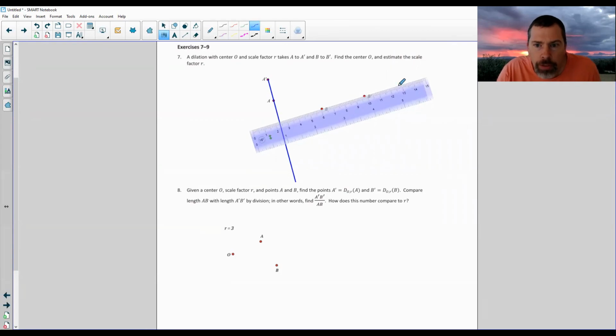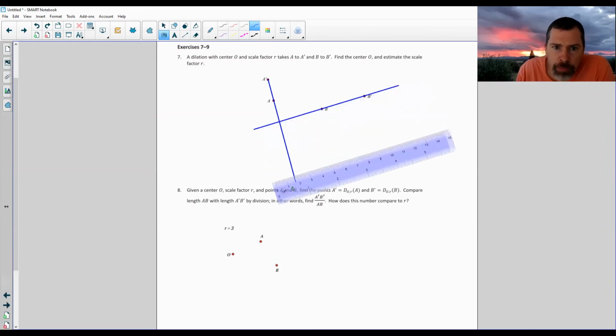Okay, so I'm going to draw a line segment through here, and where those two just intersected is where my point O is going to be. So here is the point O. The center O is right here, and we need to estimate the scale factor.